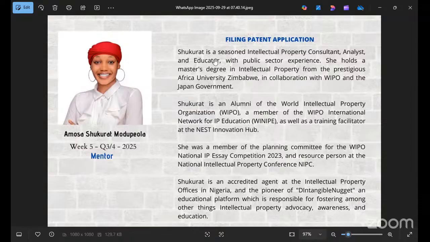Because I noticed the presenter was saying something about IPO, that's the International Patent or Intellectual Patent Office. But if you notice, most of the information on IPO doesn't correlate with the information that you are supposed to have. So sometimes you might be working with outdated knowledge, thinking that that's what it is.